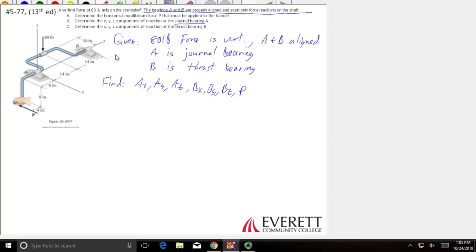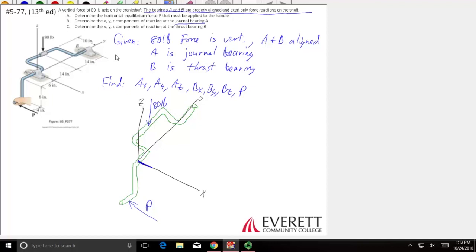So what's the next step? Now that I got my given and find down. Free body diagram. Go ahead and draw a free body diagram. Okay, let's go ahead and do the bearings together, one at a time. And if we do bearing A first, what type of bearing is A? Journal. Okay, if A is a journal bearing, which forces do I need?